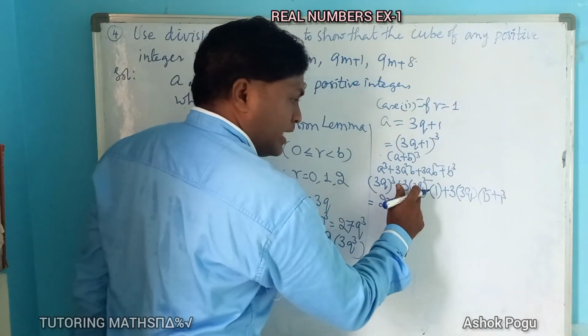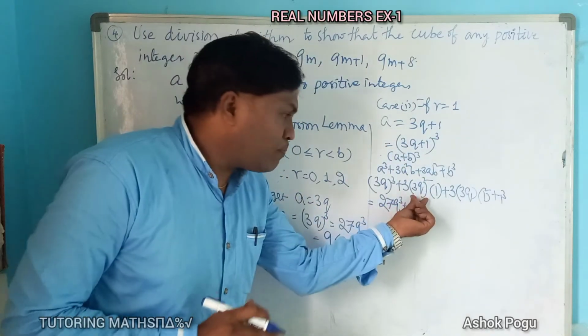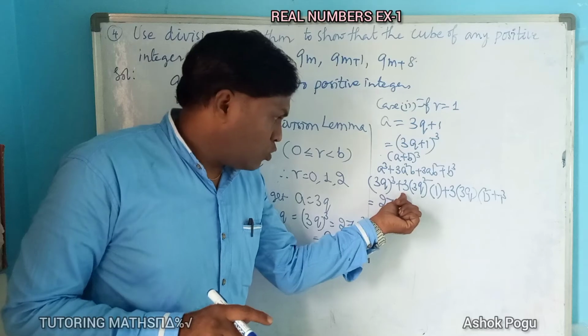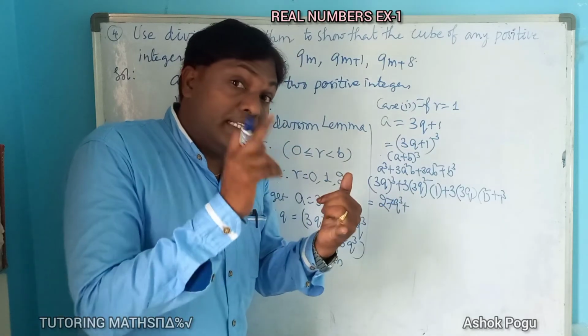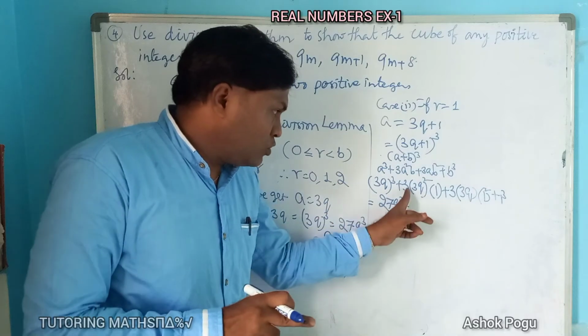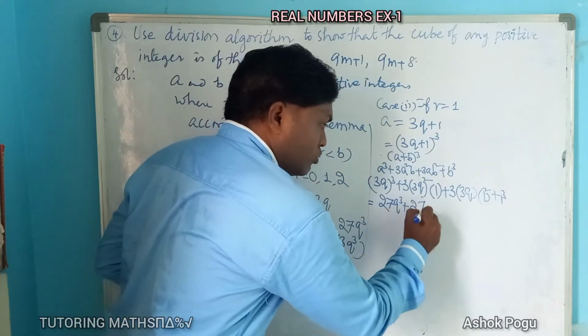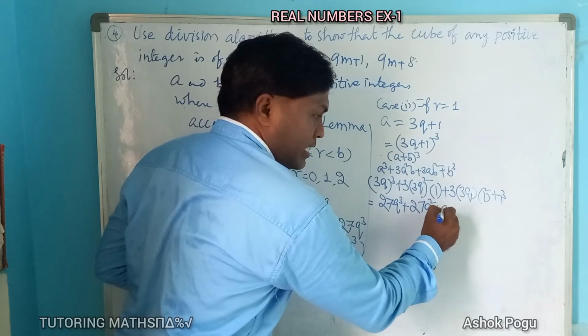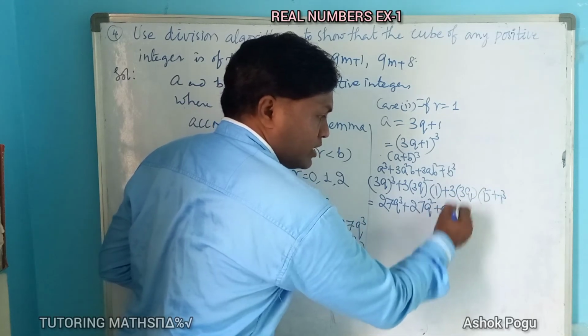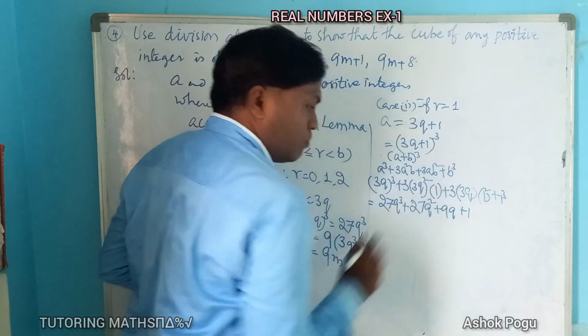Next, 3q whole square: simplify the bracket first. Don't multiply this 3 into this 3. First, 3q square: 3 threes are 9q square, and 9q square into 3, 9 threes are 27q square. And again here 3 threes are 9, q into 1 square is q, plus 1 cube is 1.